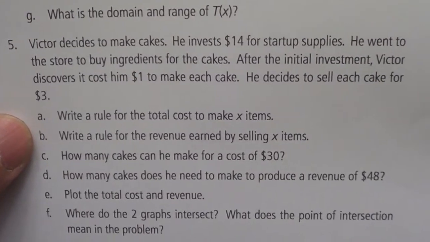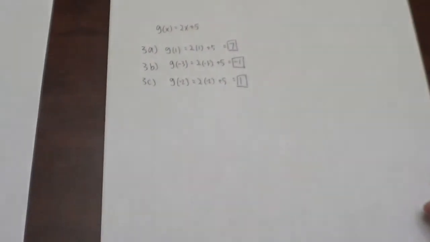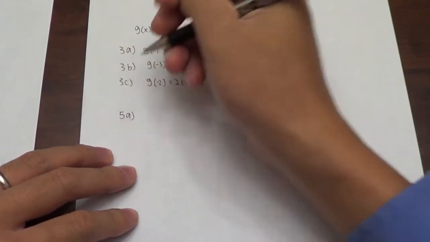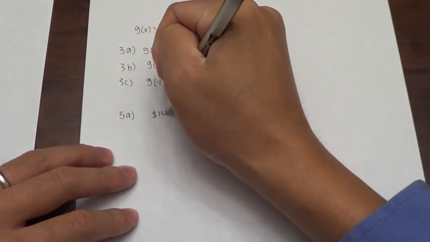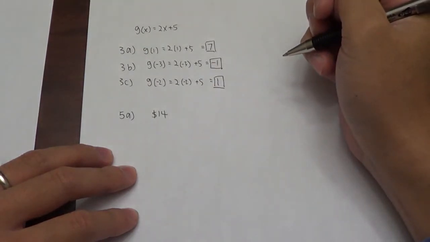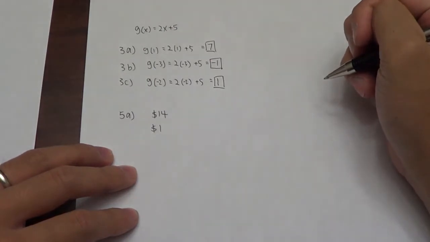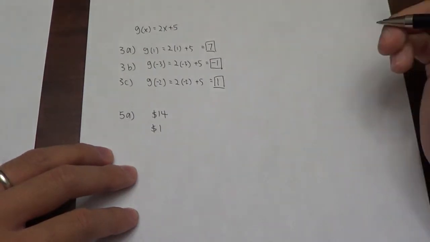Alright, so for 5a, we need to write an equation representing the total costs to make x amount of cakes. So we have $14 as the initial cost, and then each cake he makes is $1. For our equation, you have two choices.